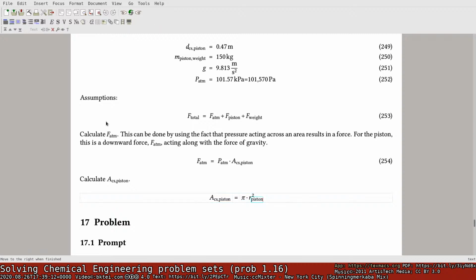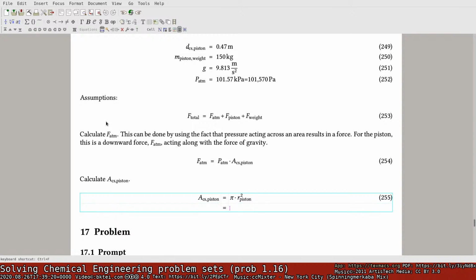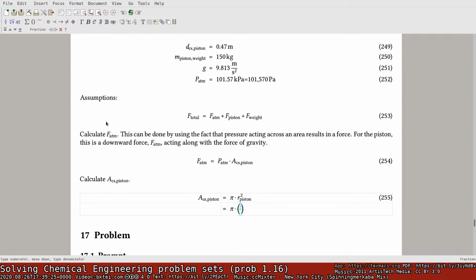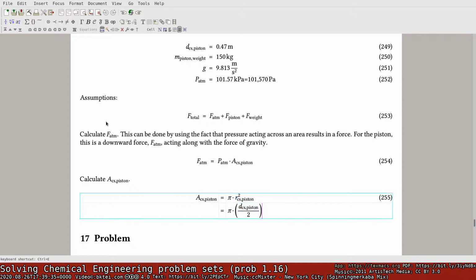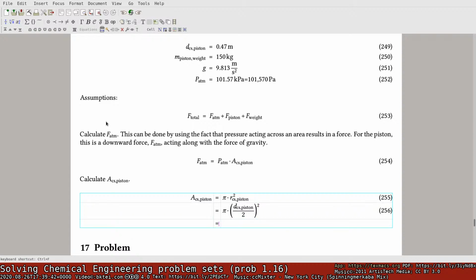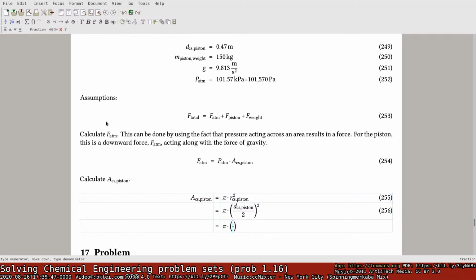Radius of the piston, and we're just going to go ahead and acknowledge that the diameter, the cross-sectional of the piston, divided by 2 is the radius. Make it a little more explicit. And we're given the diameter, so we should be able to come up with an area. So it's pi times some number divided by 2.